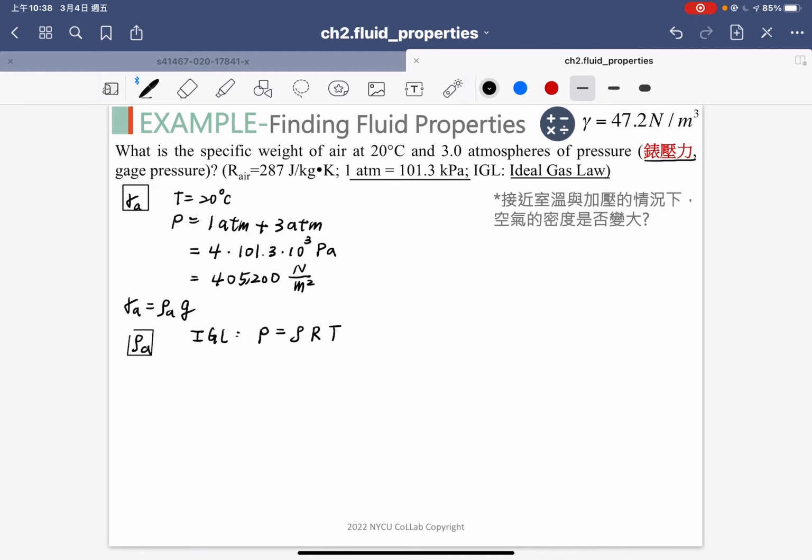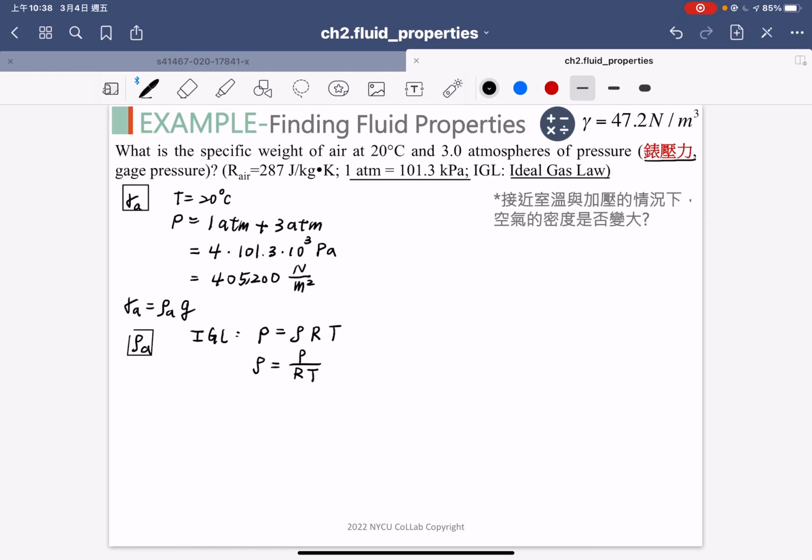Our purpose is rho, so we can just move RT to the left-hand side. So the pressure divided by RT is equal to rho.